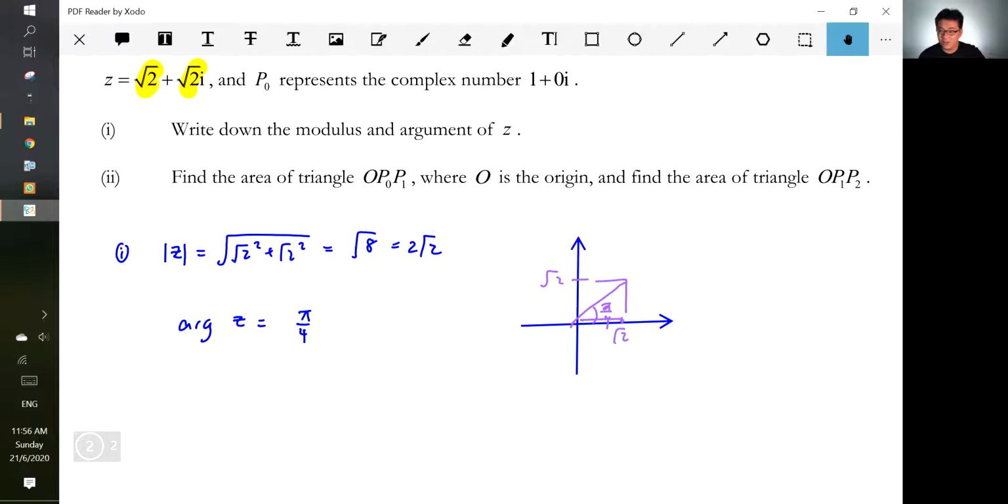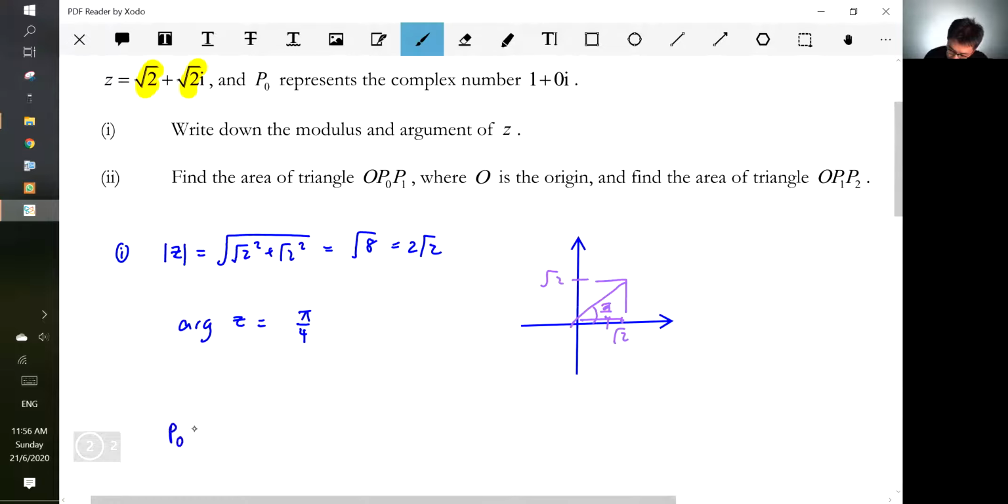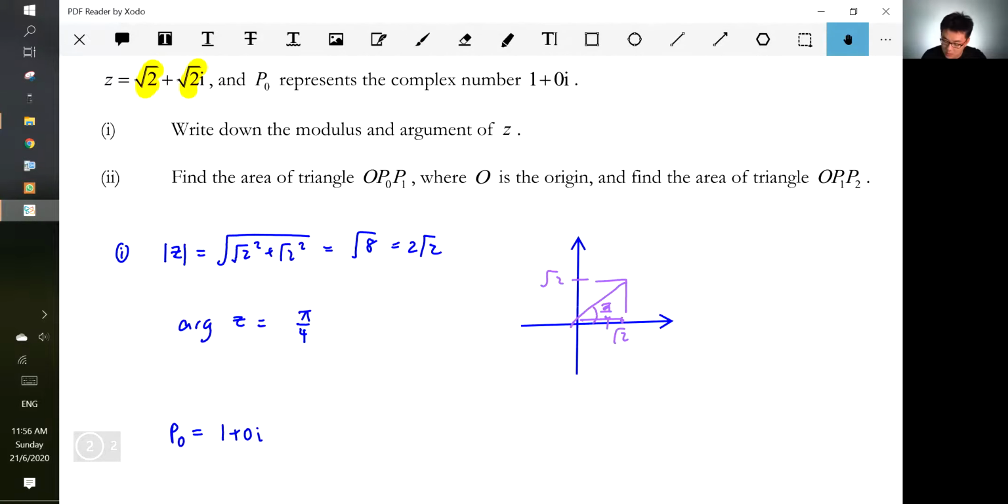Okay, let's look at part 2. Find the area of triangle O P0 P1. So P0 is 1 plus 0i.